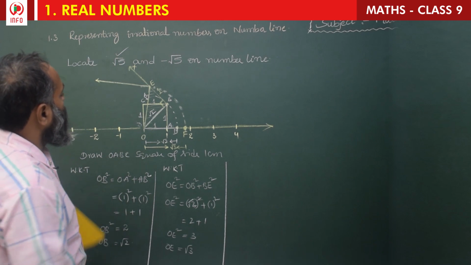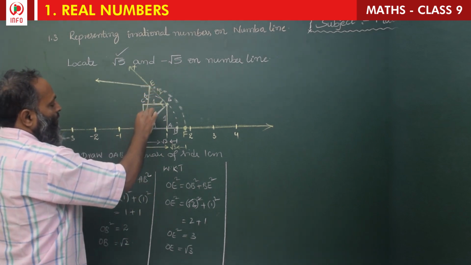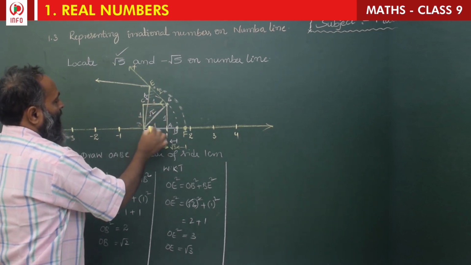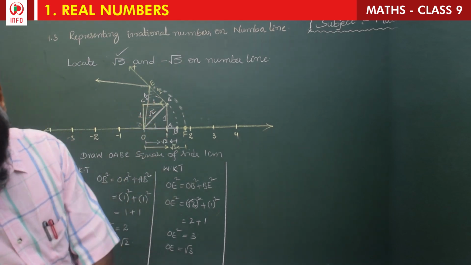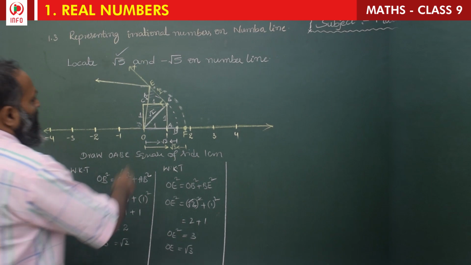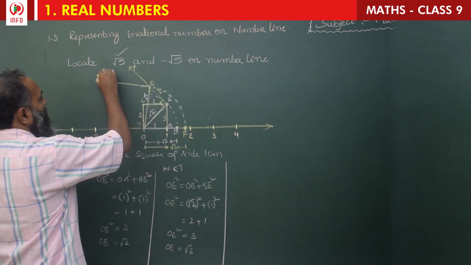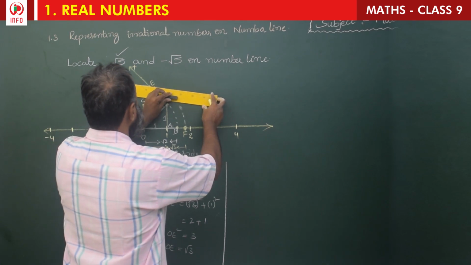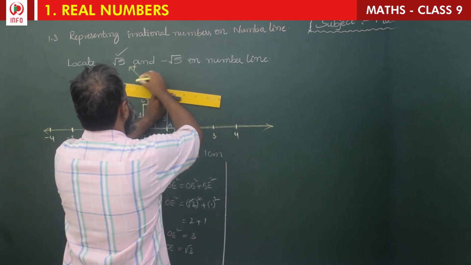This is perpendicular. So now OE is root 3. Now on OE, this is EX. On EX we should take 1 centimeter.